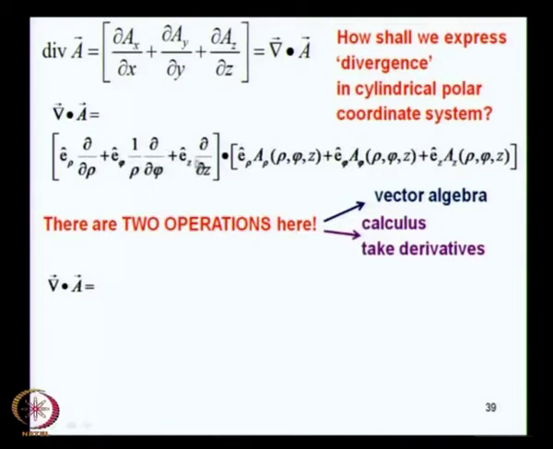So, whenever you take the partial derivatives, you must take partial derivatives not just of a rho, which obviously depends on all of these, but also of e rho, which depends at least on phi if not on rho and z. So, the partial derivative with respect to phi of e rho must be considered explicitly.